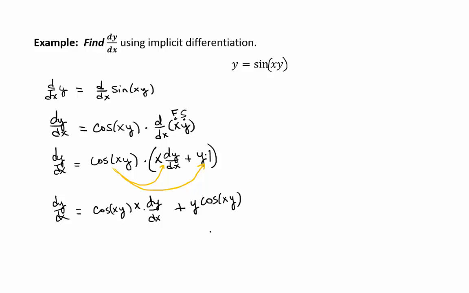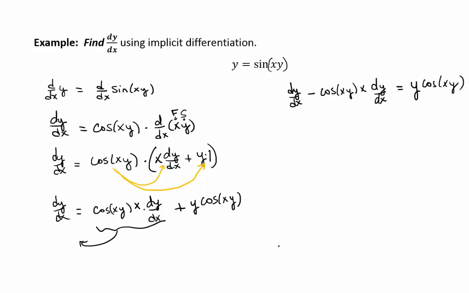What's next? Yes, get the dy/dx's over to one side. So we have dy/dx minus cosine of xy times x times dy/dx equals y cosine of xy. Just moving that one big term over to the other side.